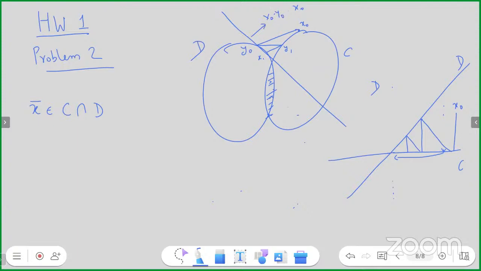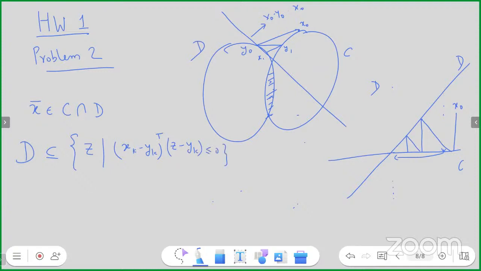Okay, so what does it tell me? That this hyperplane is separating, keeping D on one side. That's all I really need. So what will I get? That D will be a subset of the set to the left of this hyperplane. What is that set? Z such that (xk minus yk) transpose (z minus yk) is less than or equal to 0.